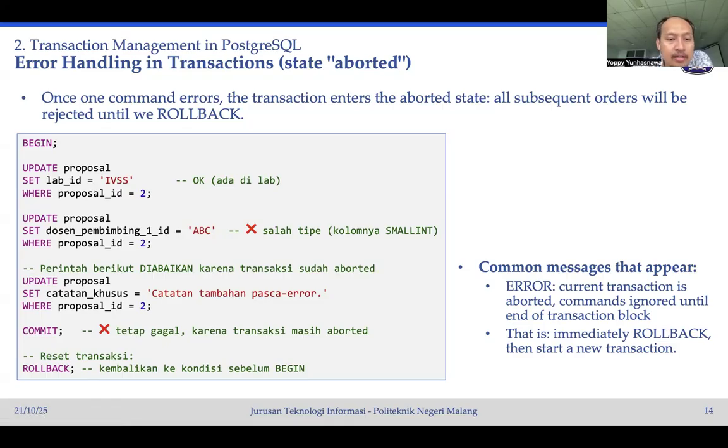That's why this catatan tambahan pasca error will not be saved into the database. Why? Because the transaction is aborted. By default, transactions will always be aborted whenever a failure happens in one or more operations inside them. So this commit will not be called, because this one is a failure.